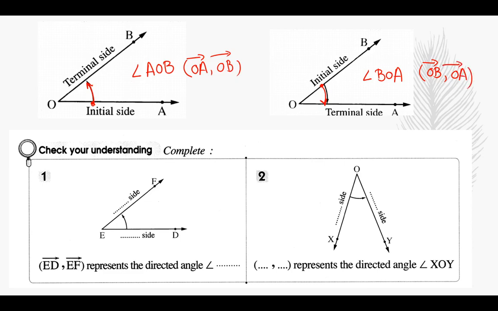Example, check your understanding, complete. Here it is given to you that ED is the initial side and EF is the terminal side. Represent the directed angle. ED and EF represent the angle.